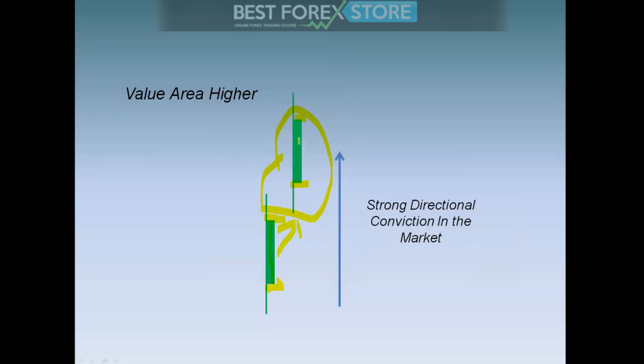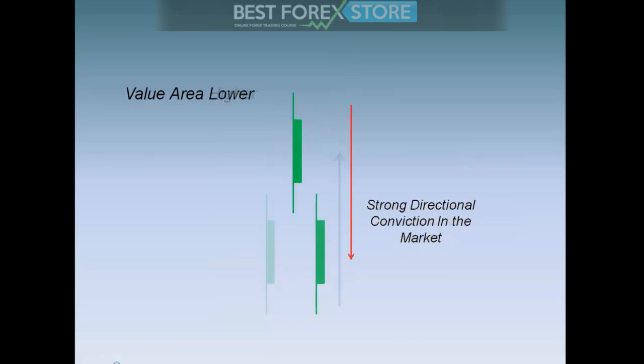The value area moved up. This is telling us very strong directional conviction in the market. The greater this gap between them, the greater this conviction. So when the market is trying to move higher and we see 2 consecutive value areas moving higher, as you see here, then this is a clear indication that we have strong directional conviction in the market.